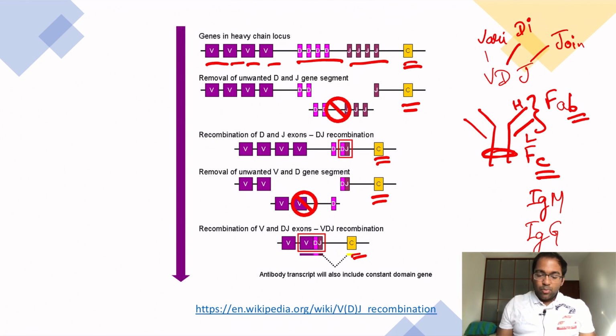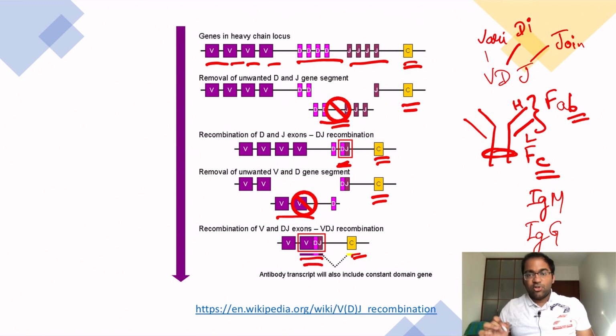Now, when the recombination starts, the first step is to join the D and J gene. So as you can see, we remove the unwanted D and J gene segments, and then we join the D and J gene here. Then after that, the second step is the removal of unwanted V genes. So we remove the unwanted V genes, and then this will lead to recombination of V and the DJ gene, making them one complex, VDJ.